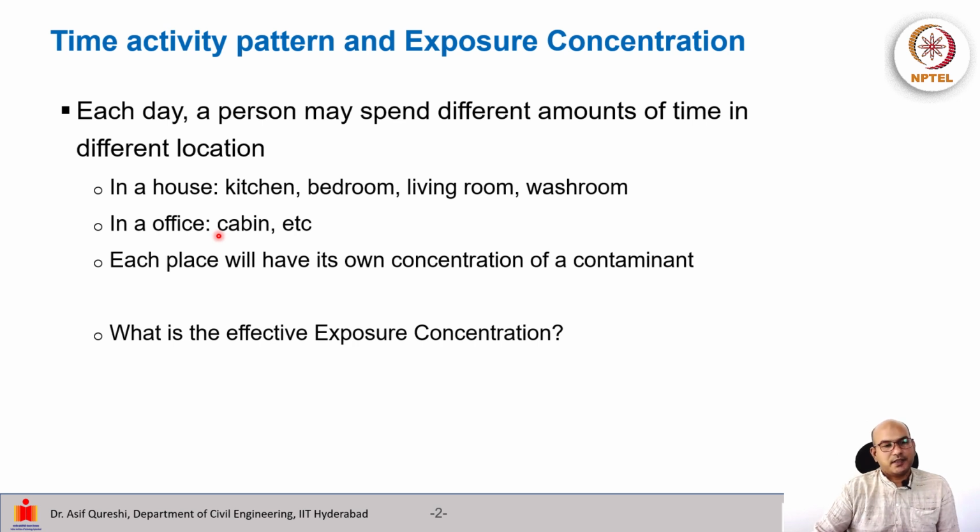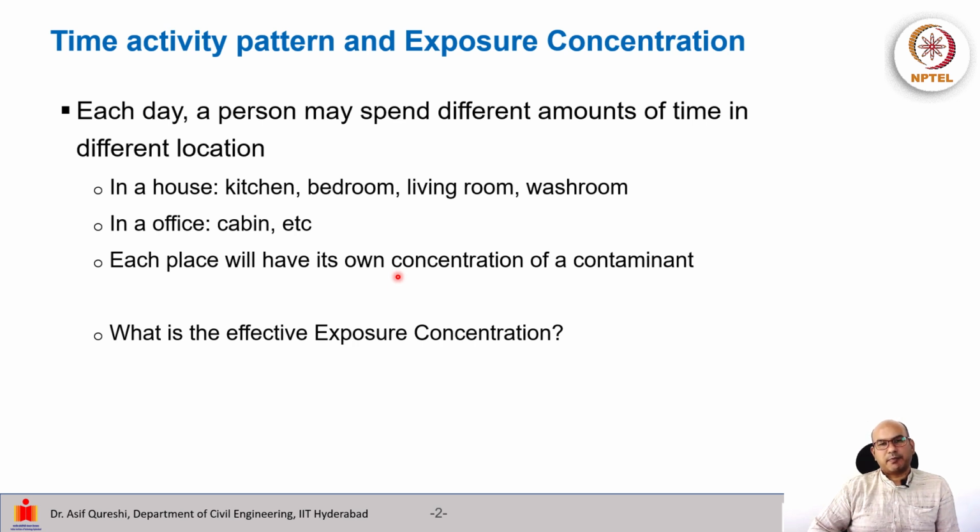So in summary, each place will have its own concentration of a contaminant. And a person does not always live in a gym, does not always stay in a cabin or a cubicle, does not always stay in a kitchen, bedroom, living room, or washroom all the time. We will be maybe 1 or 2 hours in the kitchen, for a person who is cooking.